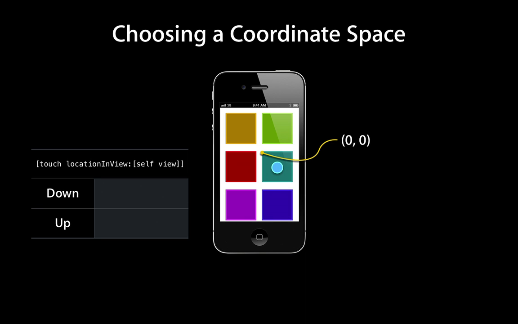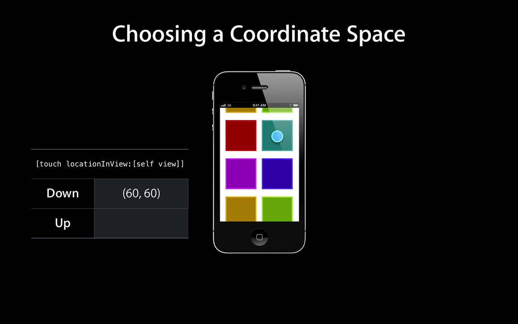And consequently, the location of that touch will be considered relative to the upper left-hand corner of that square. So we write down that location, and then the user scrolls his finger up and lifts it, but relative to the upper left-hand corner of that square, it hasn't moved at all. So the system thinks, oh, the user tapped. Not quite. That was a pan, not a tap.